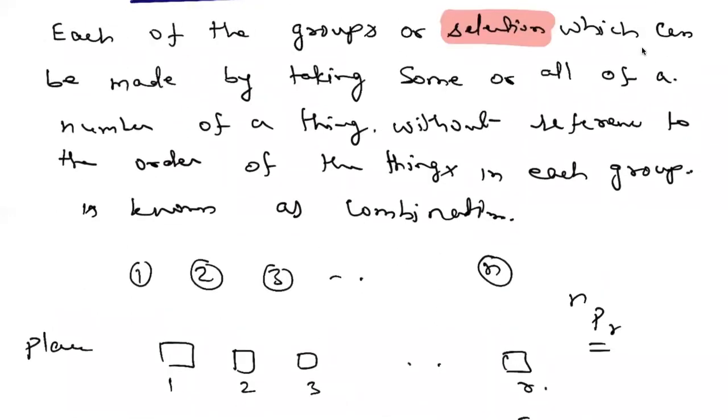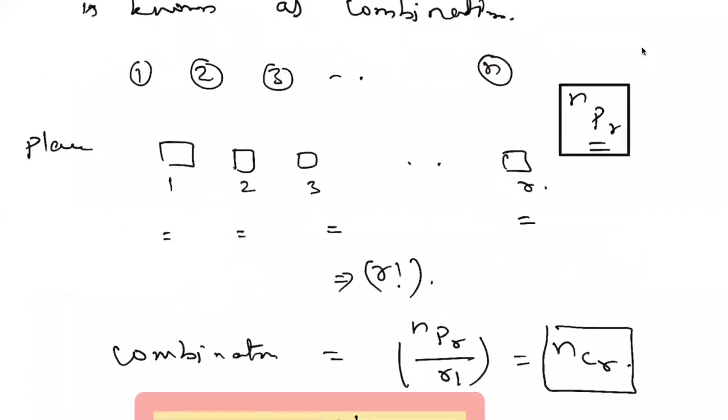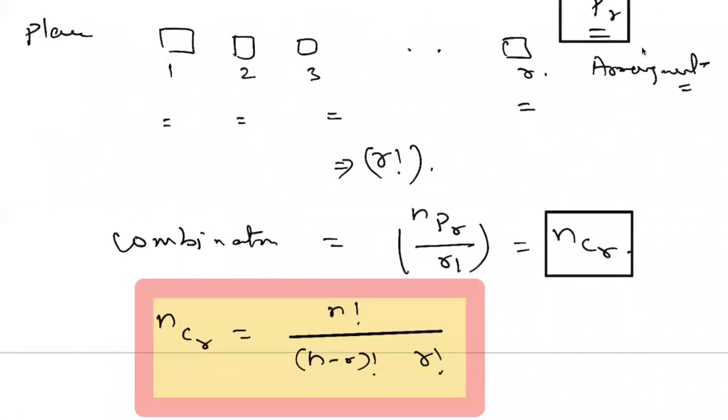The difference between permutation and combination is that in permutation, arrangement is required along with selection, and in combination only selection you are doing, then you have to write this as nCr.